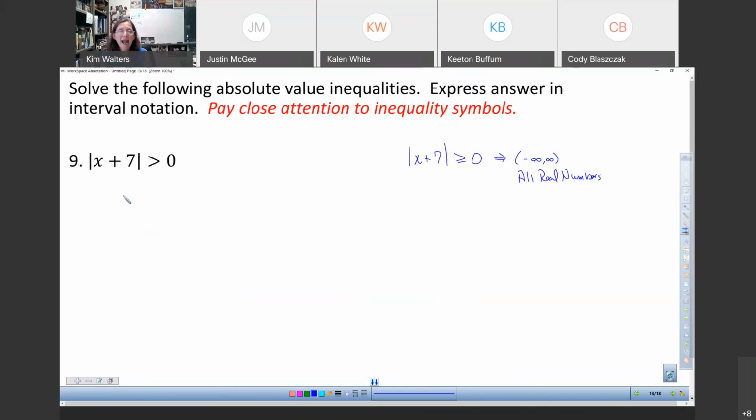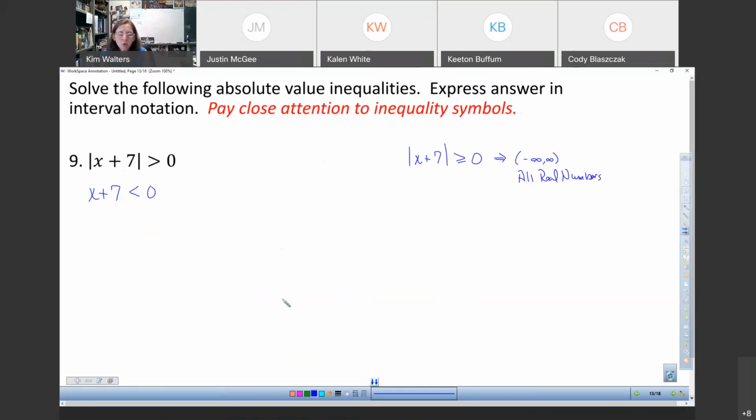And so what happens here is that I actually still solve the two inequalities, and it's going to look a little strange. This one says x plus 7 is less than, well, negative 0 is still 0.